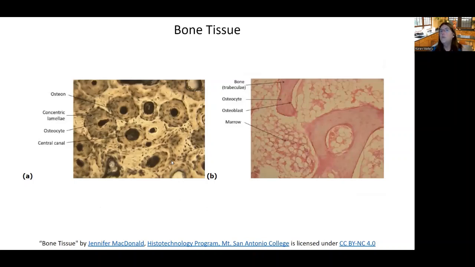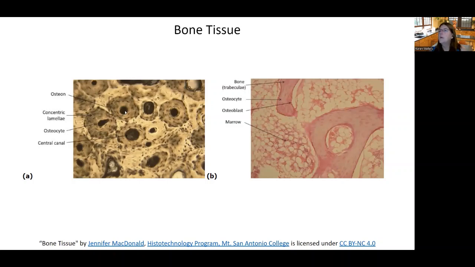So let's move to bone. You may remember in your previous studies of bone, the compact bone is arranged in these circular structures that we call osteons. Within each of the osteons is a central canal.